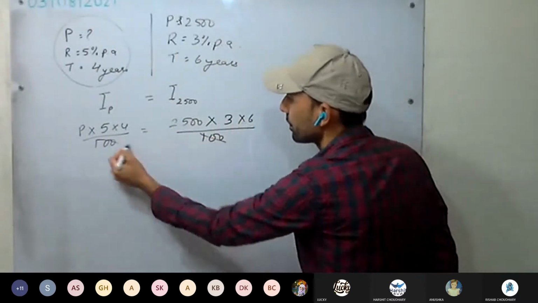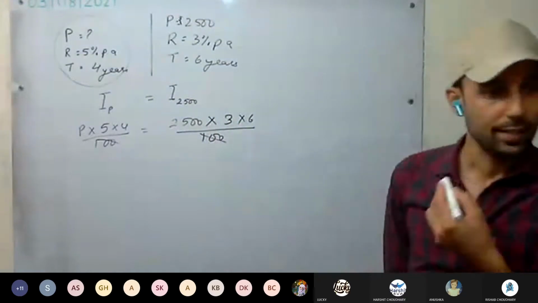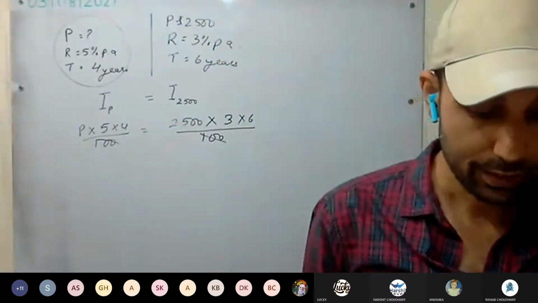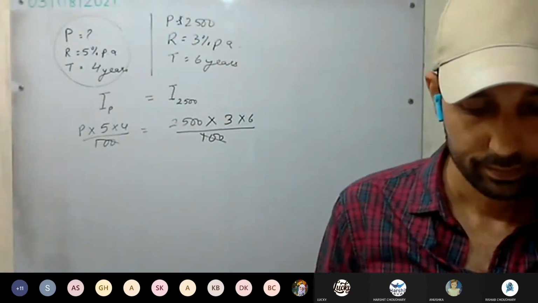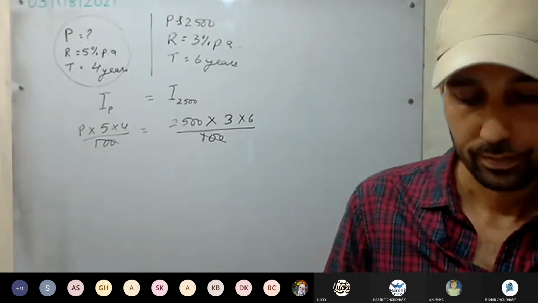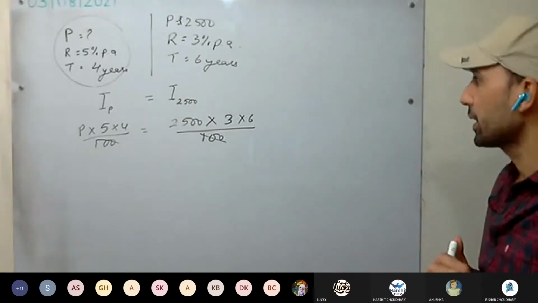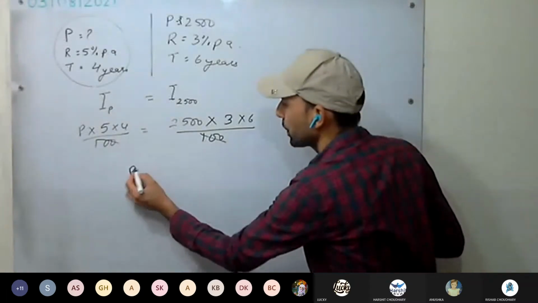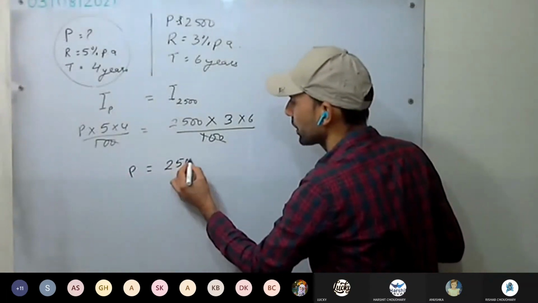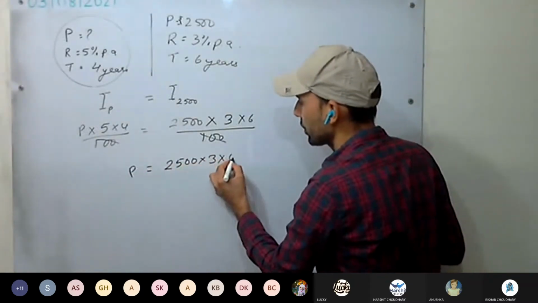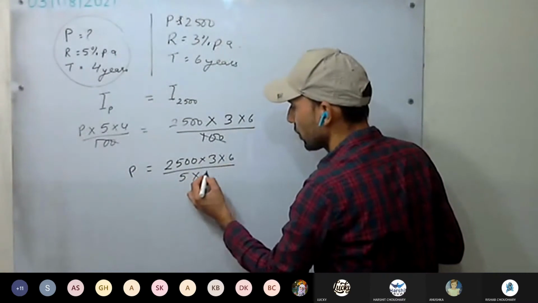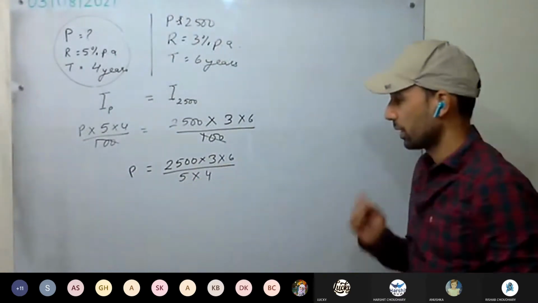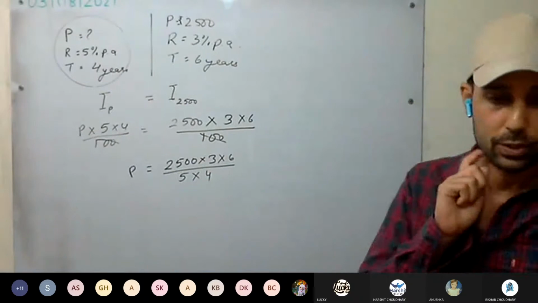Cancel them and calculate it. It's easy. Everyone calculate and tell me the answer as well. So P equals 2,500 into 3 into 6 divided by 5 into 4. Calculate and tell me how much you are getting.